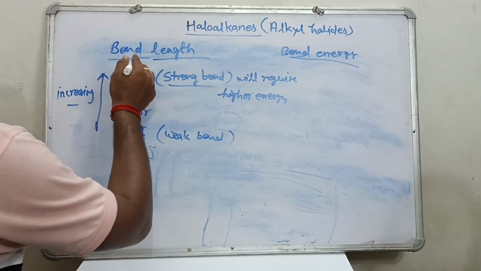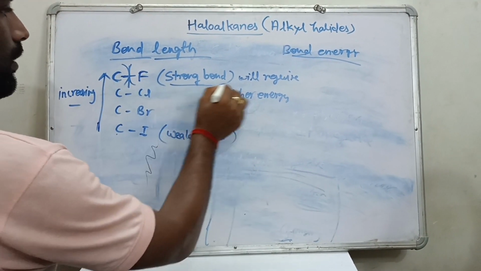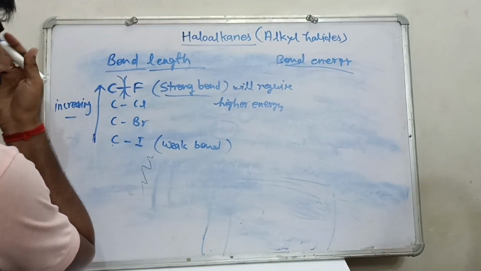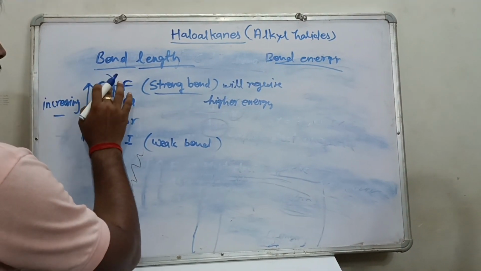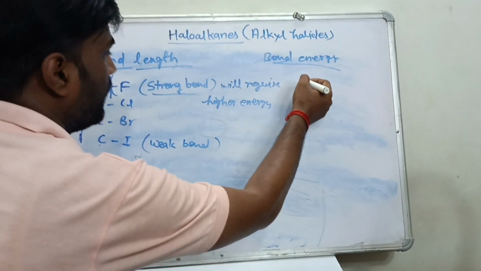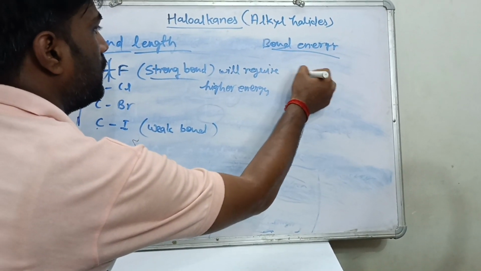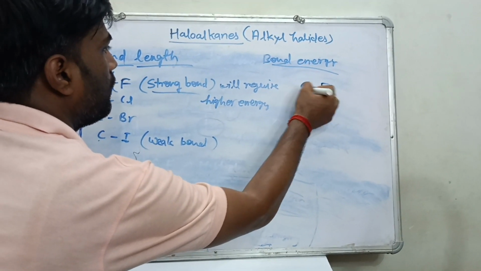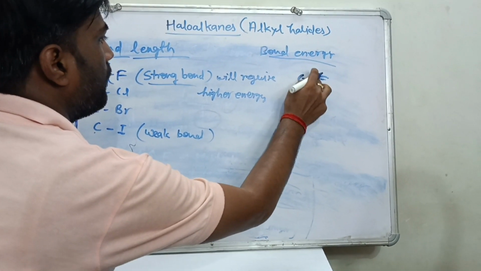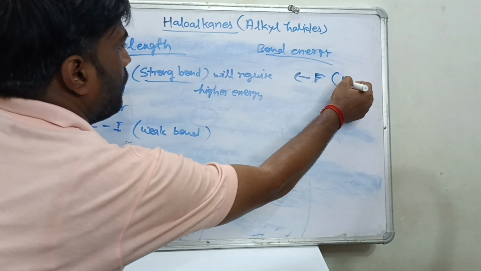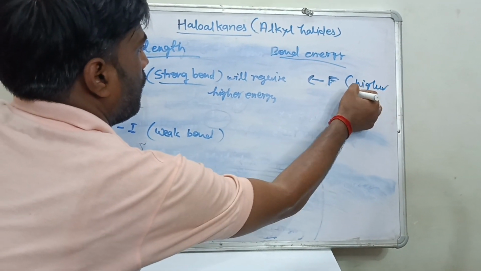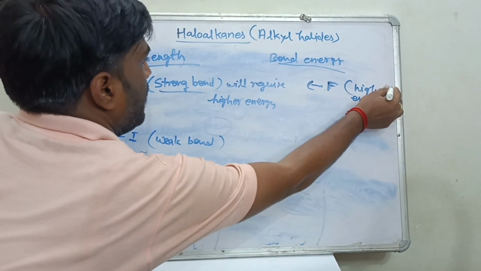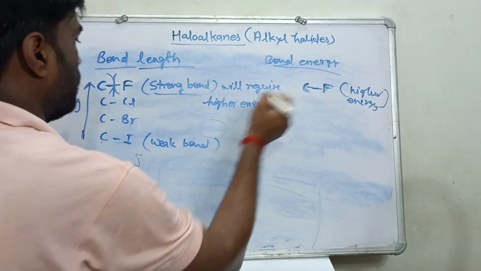Due to the strong bond enthalpy, the bond energy will be higher; that is, the carbon and fluorine bond will require higher energy to break.